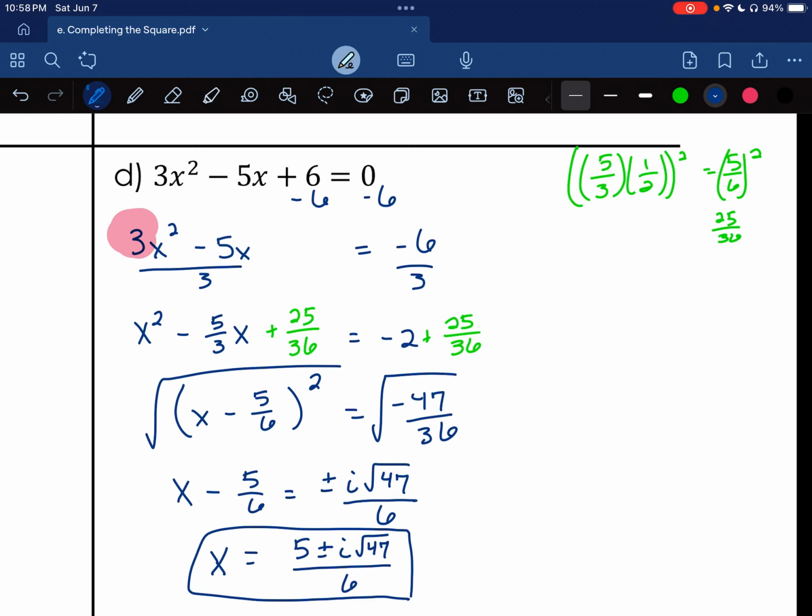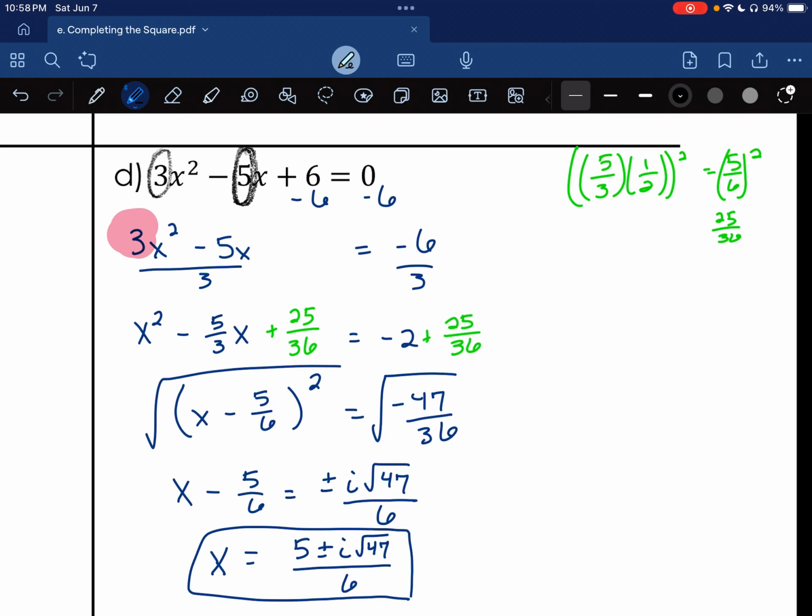We probably want to reserve using completing the square for when we have an a value that's 1 and an even b value, right? Because our b value not being divisible by 2 kind of stunk.